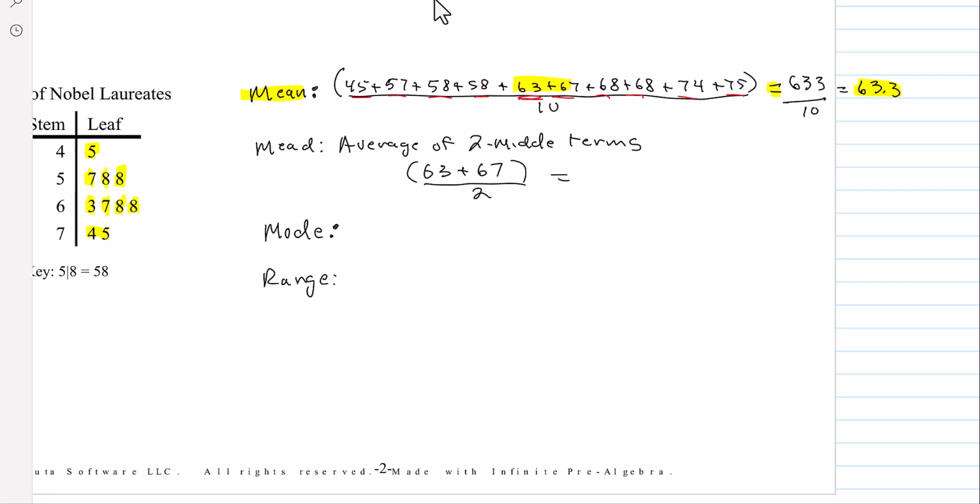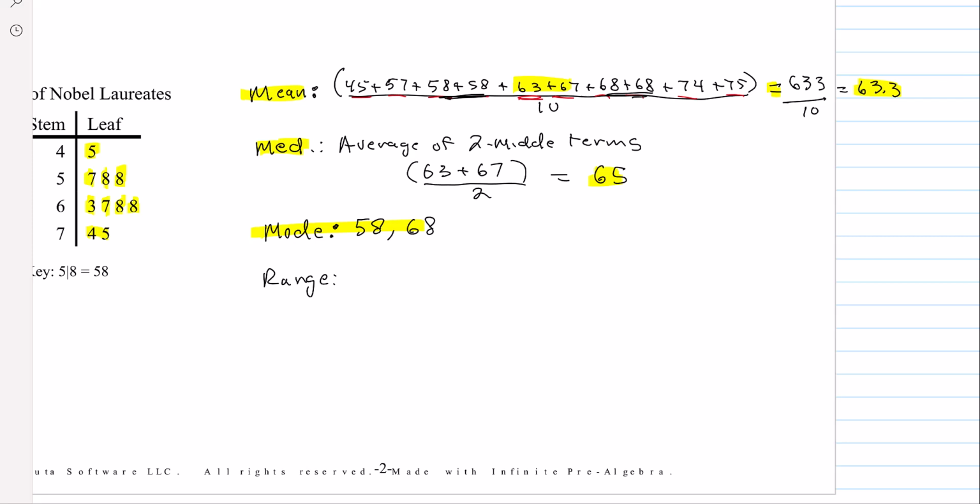So our median will be 65. Okay, our mode, let's see, we have 58 twice. We have 68 twice. So there's 2 modes, both 58 and 68. So those are our 2 modes.